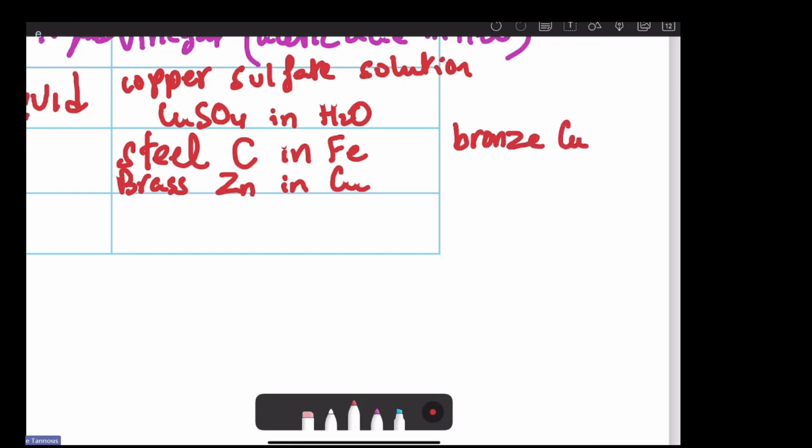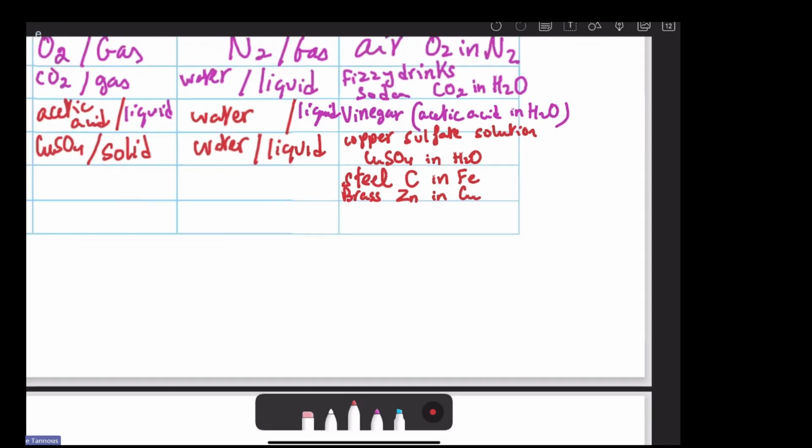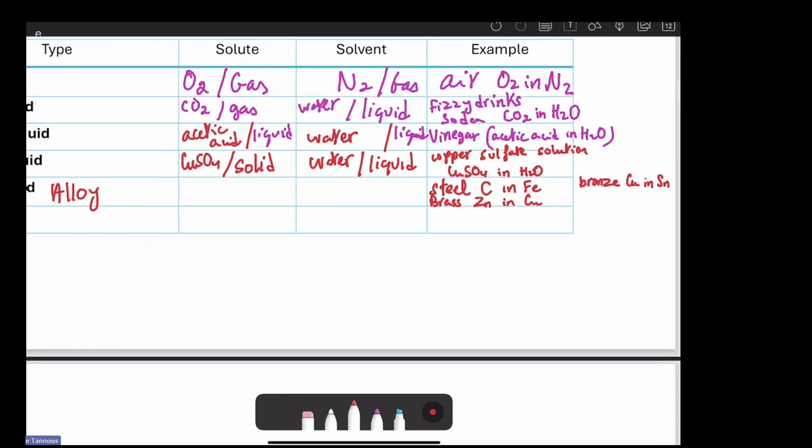It's copper in tin. So all of these are solid, solid, solid.